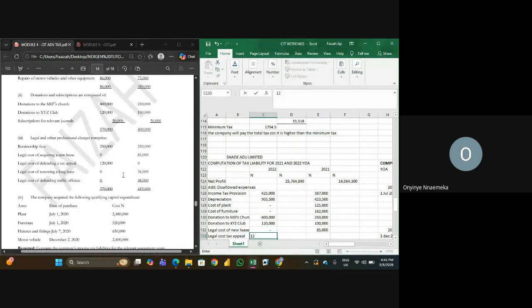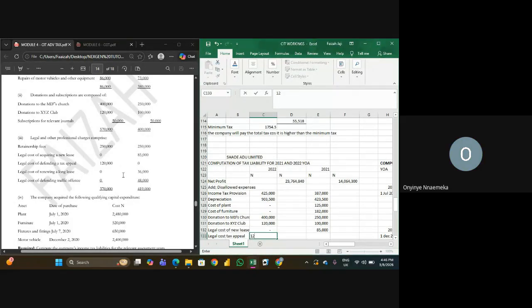Then legal cost of defending a tax appeal, I think, is when you are having an issue with the tax authority. Maybe your assessment is wrong, or they find that the assessment was under what you are supposed to pay, so they fine you and you pay the fine and still pay the complete assessment. I don't know.